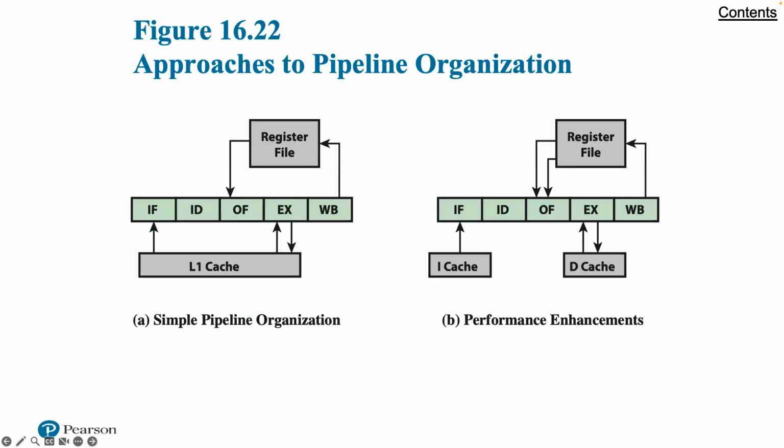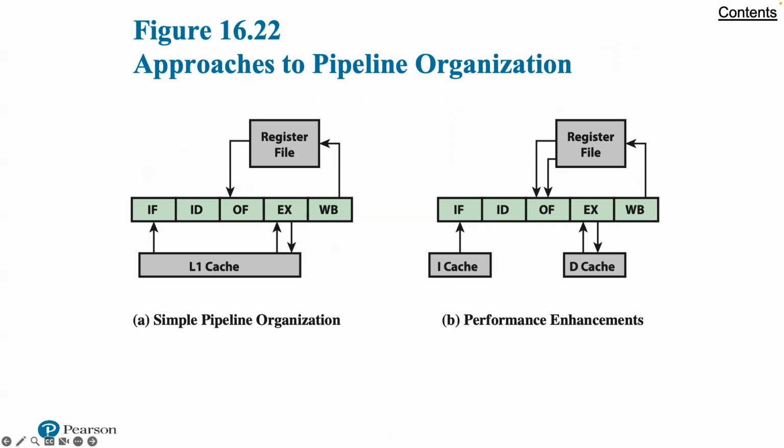So here we have approaches to pipeline organization. In this section, we look at some of the enhancements to a simple pipeline that can be used to improve performance. We're going to consider a 5-stage pipeline. The instruction fetch loads the instruction from cache. The instruction decode determines the opcode and the operand specifiers.